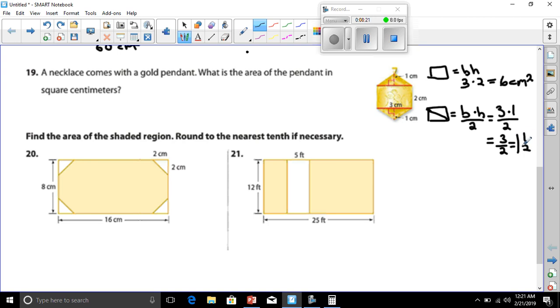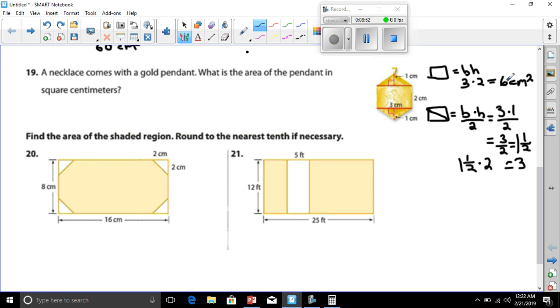But remember, we've got 2 triangles here. So we have to add 1 1/2 plus 1 1/2. Well, 1 1/2 and 1 1/2 is 3. Okay, so now that means the triangles are 3 centimeters squared.